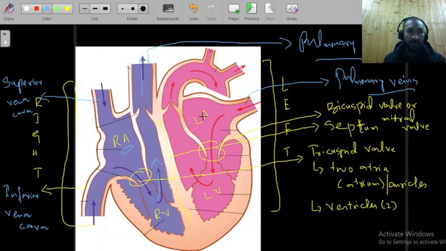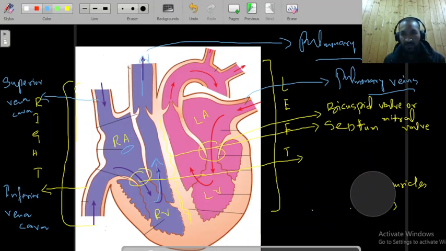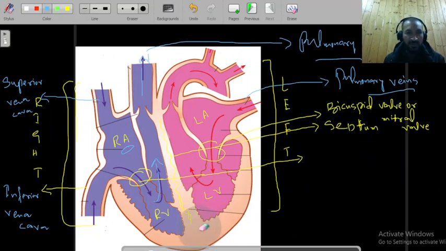Now, as the blood builds up in the left atrium, it exerts pressure on the bicuspid valve or the mitral valve. The valve opens and the blood rushes down into the left ventricle. Left ventricle pumps this blood into this big artery.